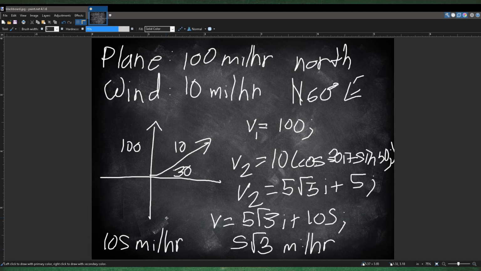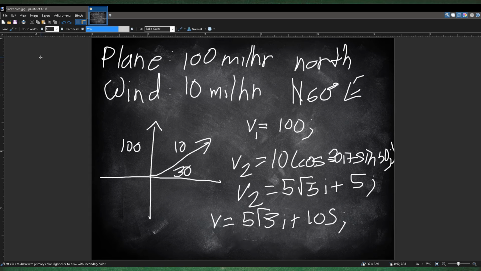So it's going 105 miles per hour up, and 5 square root 3 miles per hour to the right. If this is negative, it's just saying that it's going 5 square root 3 miles per hour to the left. So you just have to understand the general direction. And the overall speed would just be the magnitude.